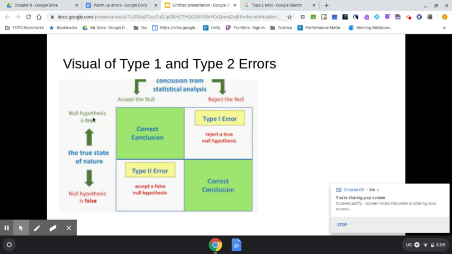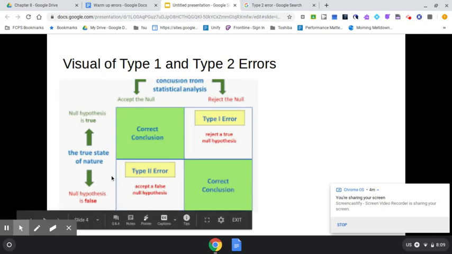But if the null hypothesis is true and you reject it, that's when you make a type 1 error. And then the other case is if the null hypothesis is false and you do not reject it, you've made an incorrect decision. That's a type 2 error. And then if the null hypothesis is false and you do reject it, you make a correct conclusion.